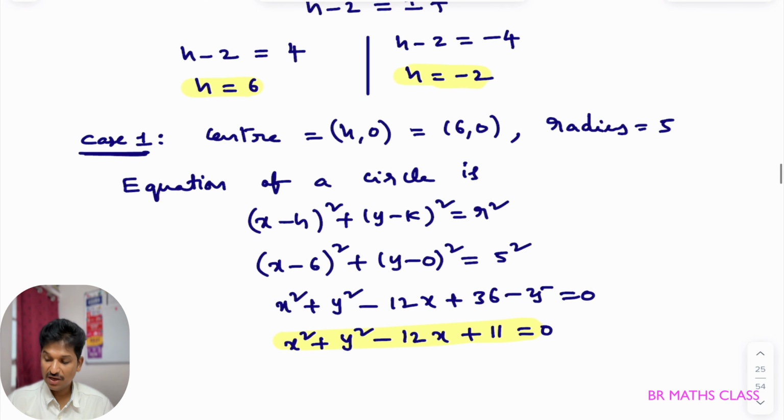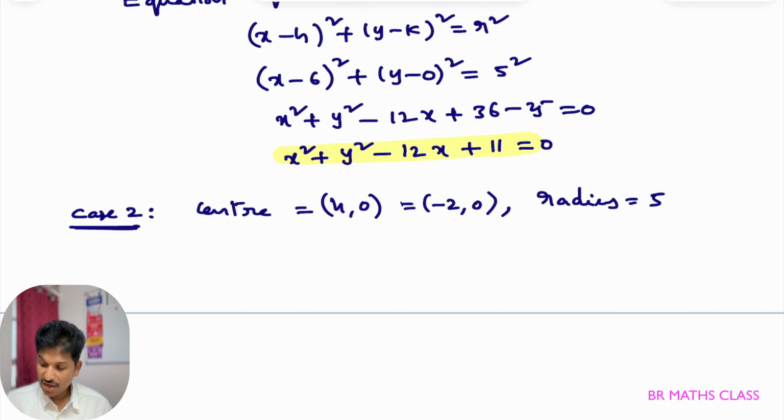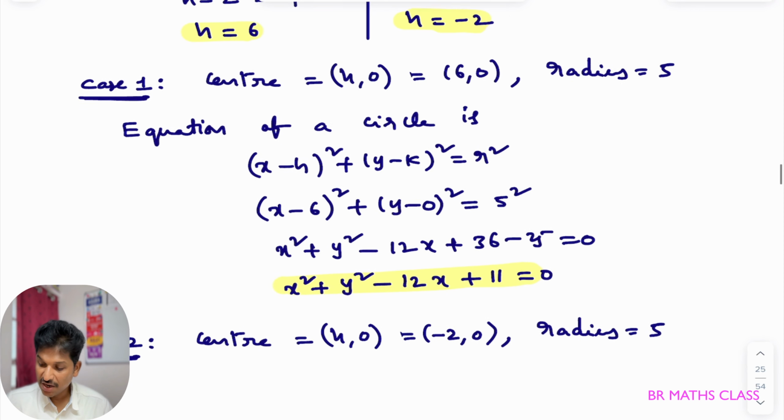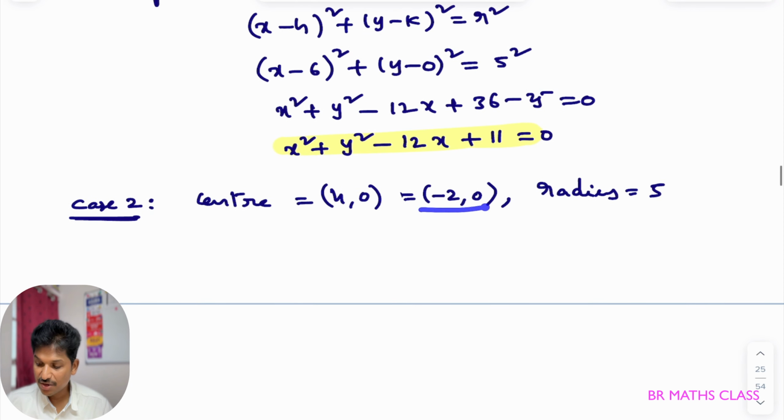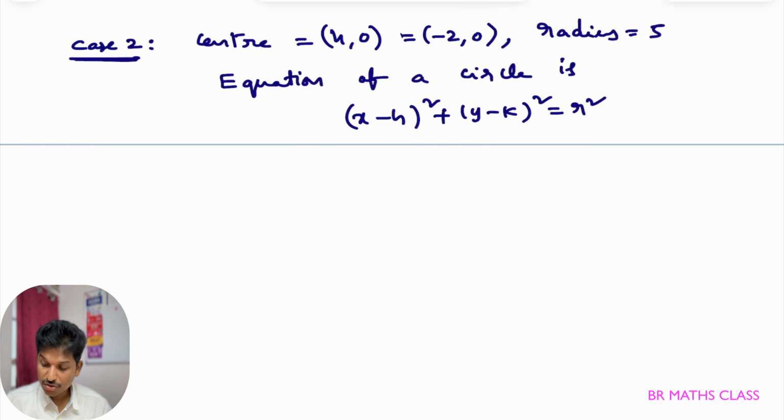As we got two h values, we'll get one more case. As we got h value minus 2, another center is minus 2 comma 0, radius is 5. Now substitute these values in this equation. X minus h, minus of minus, plus 2, x plus 2 whole square plus y minus 0 whole square equal to r square.